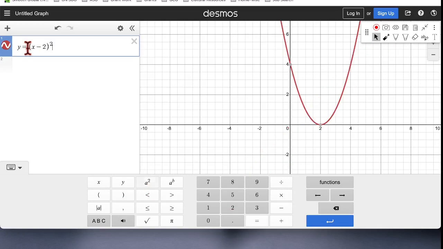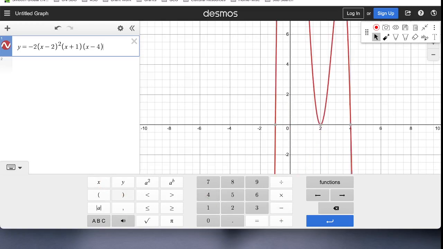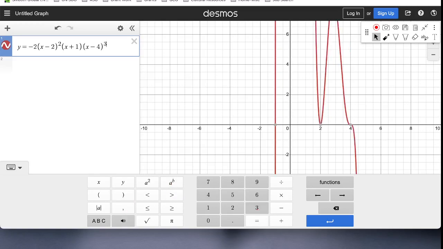Actually, there was a negative 2 on the front, so let's put that in there, negative 2. So we see that going on. Then there was x plus 1, right? So we kind of see that going on. And then finally, there was x minus 4, and that was a cubic. So I'm going to go with that, and we'll make that a 3.